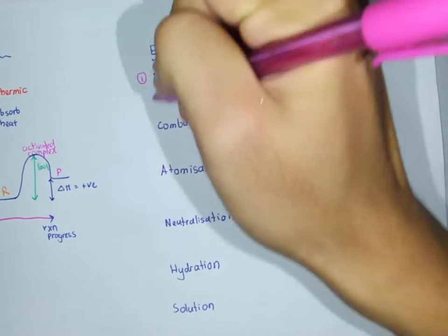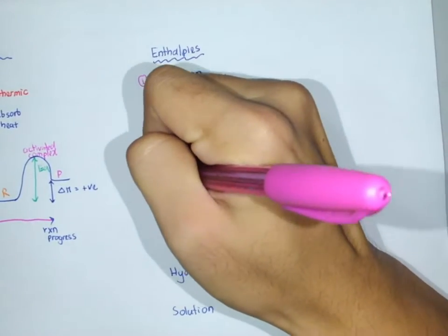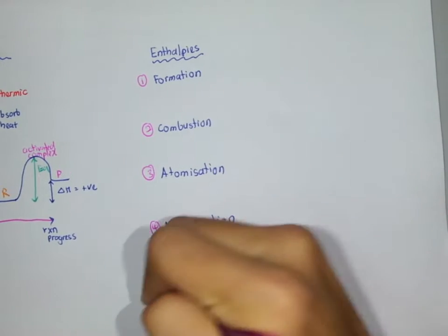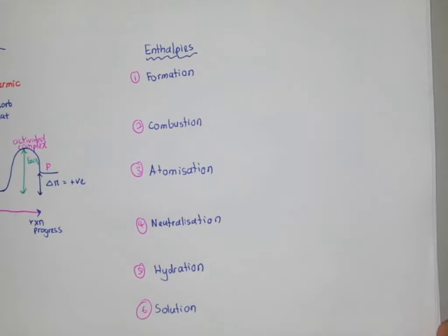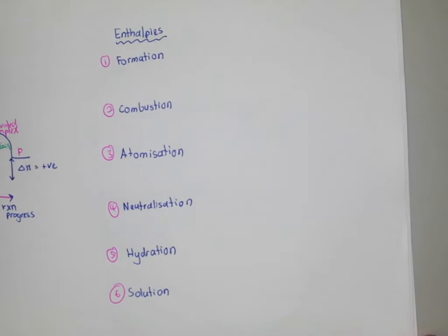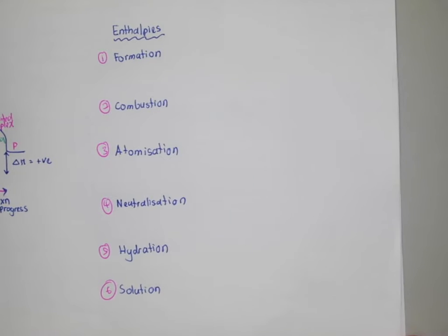So we will have 1, 2, 3, 4, 5, 6. We have a lot more enthalpies, but kita akan focus on these 6 first. Nanti kat bond Haber kita akan belajar a few more lah. Kita akan belajar 3, so it will be 9 in total.